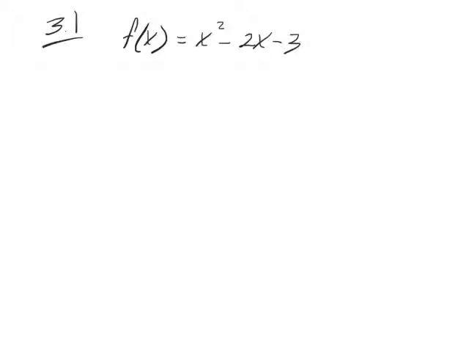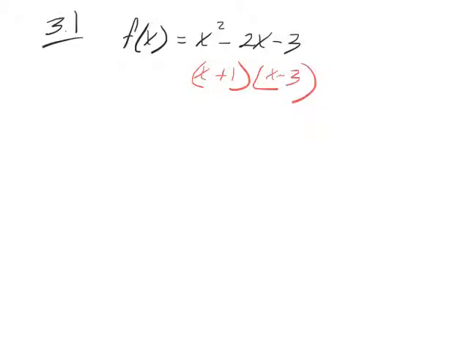So this polynomial here, one of the things that we did in the last chapter was to take a polynomial and make some decisions or determinations of this. So if you were to factor this, you'd get x plus 1 and x minus 3.